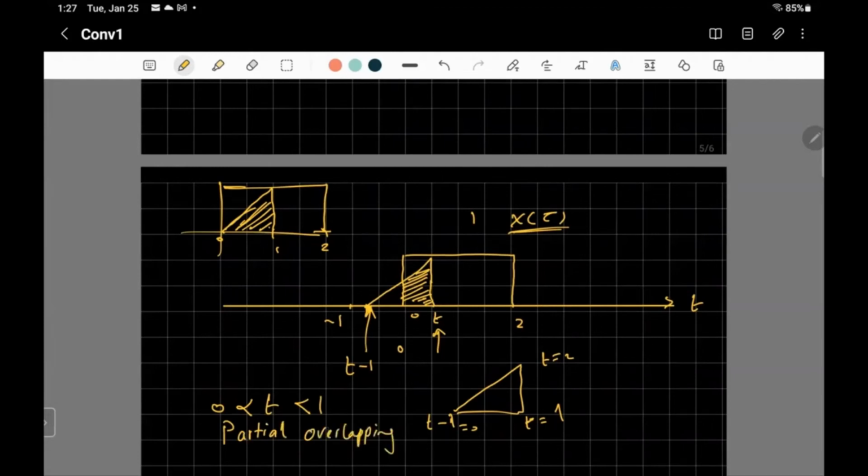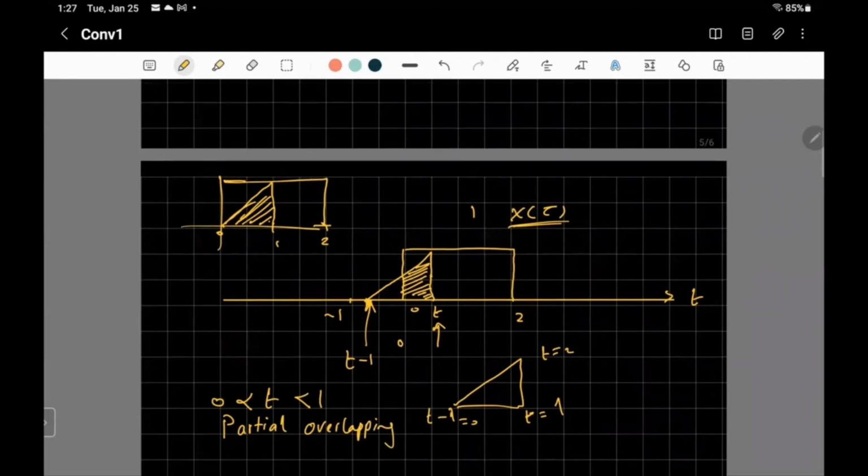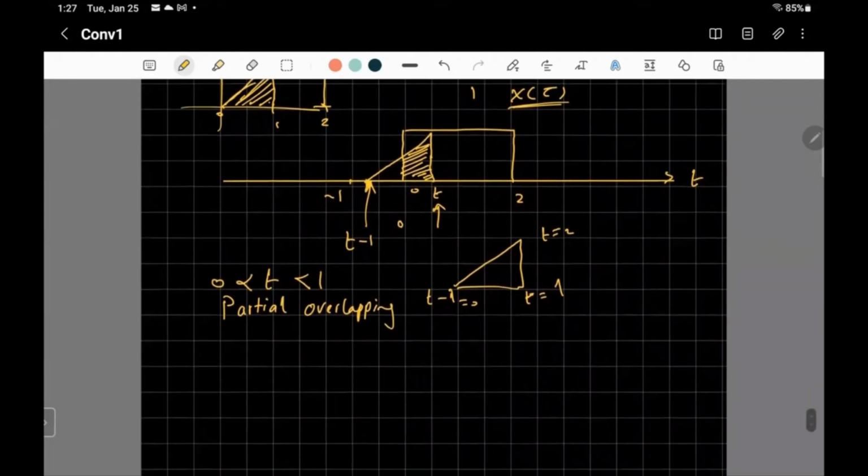You agree? Yes. Because if you put t equal to this end, t minus 1 will be 2 minus 1, which is equal to 1. So it will be something like that.